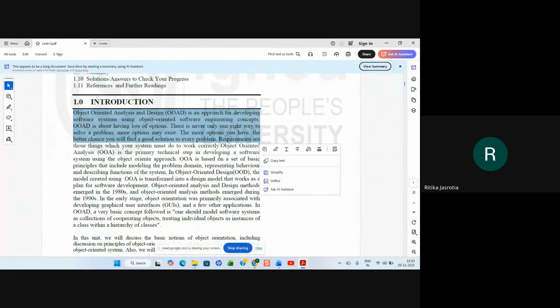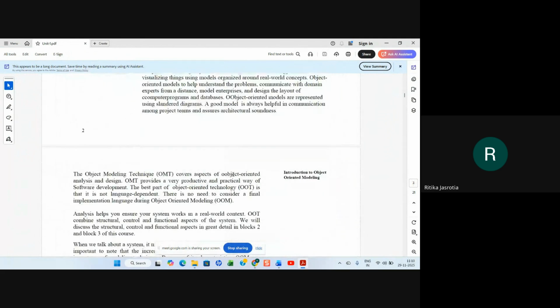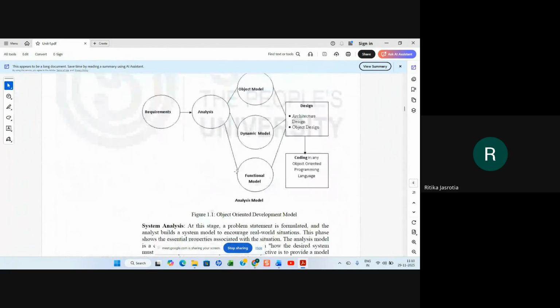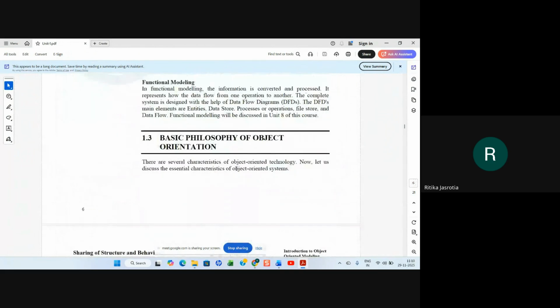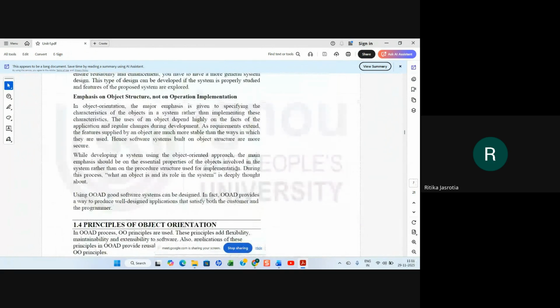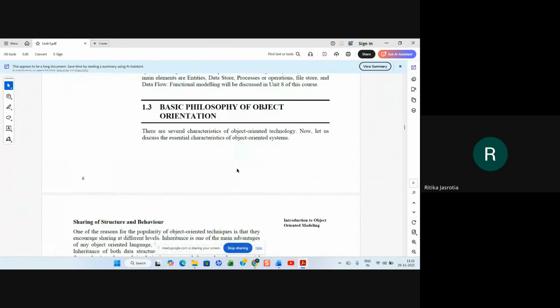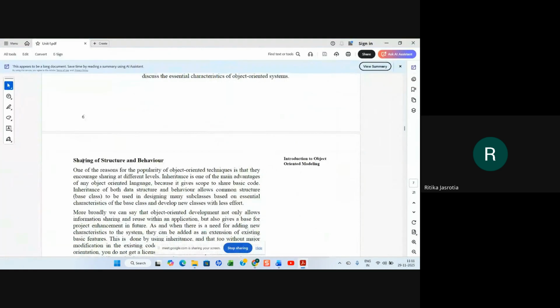Object-oriented analysis is a primary technical step. Then comes object-oriented design. So they have given you the definition of what is object-oriented analysis and design, and then, if you have to write the advantages of OOAD, one of the advantages is sharing of structure and behavior.